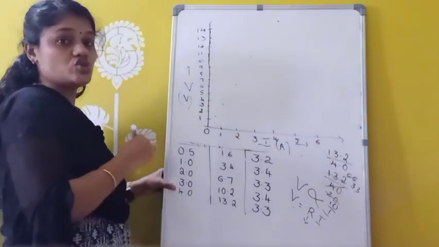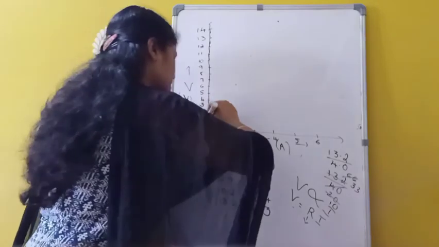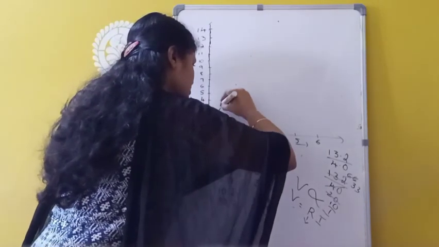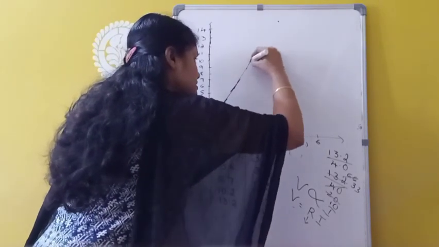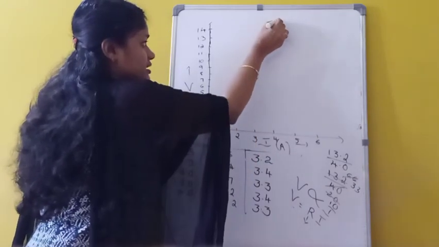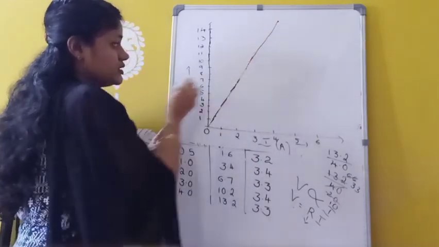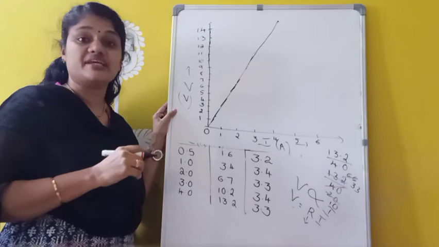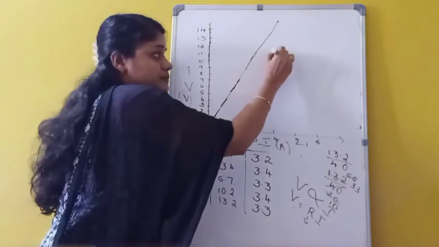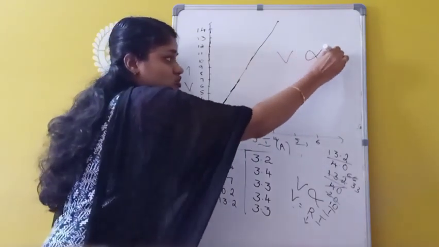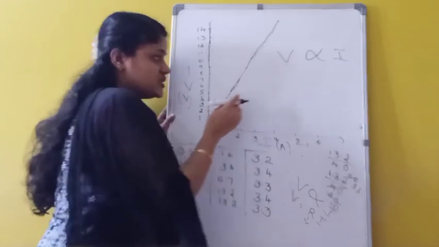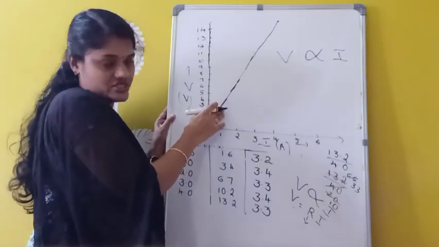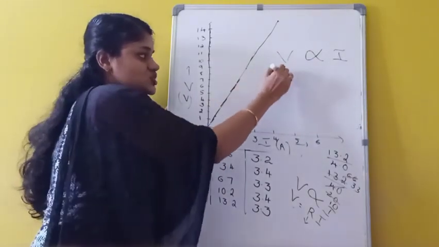Okay. So when you are joining all these points, you should get a straight line. Here I have drawn it roughly, but anyway we should get which one? A straight line graph. So the graph should be a straight line, because we know that potential difference is directly proportional to which one? Current values. So this graph will always be a straight line, and this V by I should be a constant.